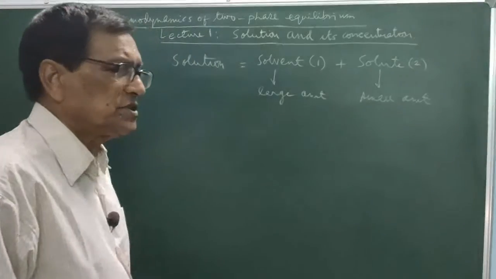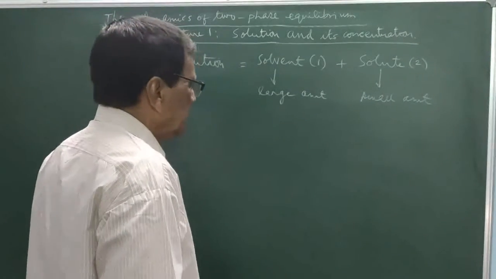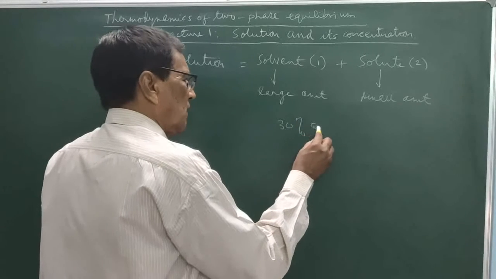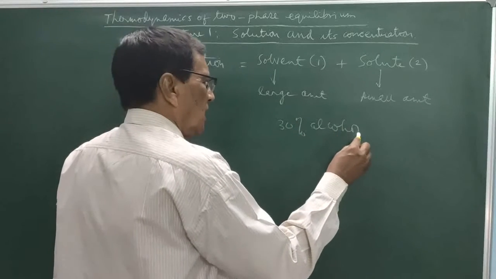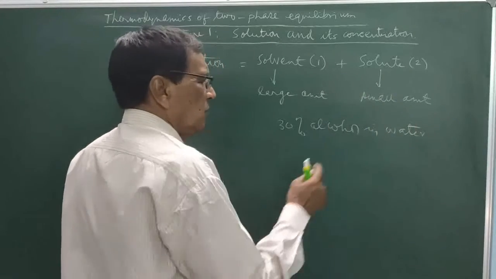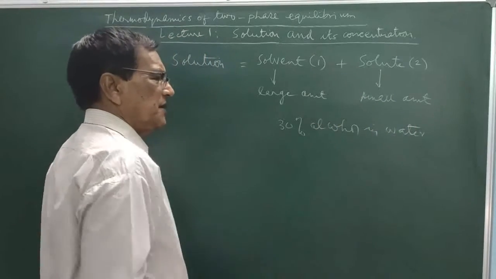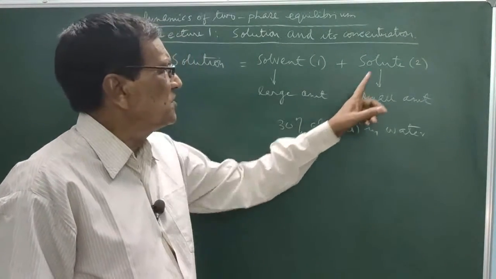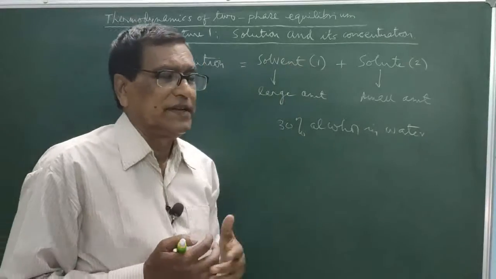However, suppose we consider 30% alcohol in water, then water is present 70% and alcohol is 30%, so alcohol is the solute and water is the solvent.